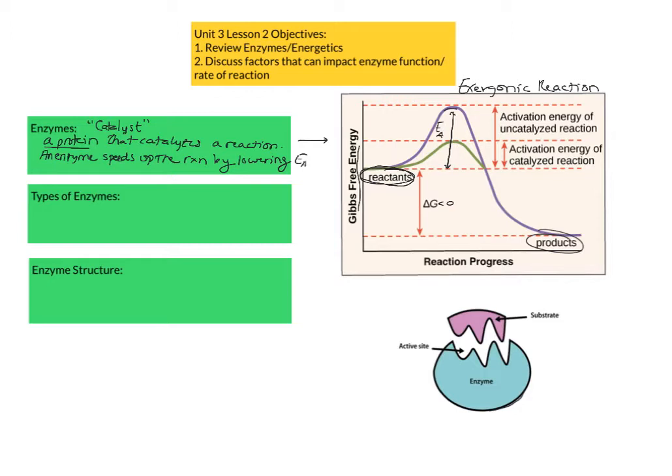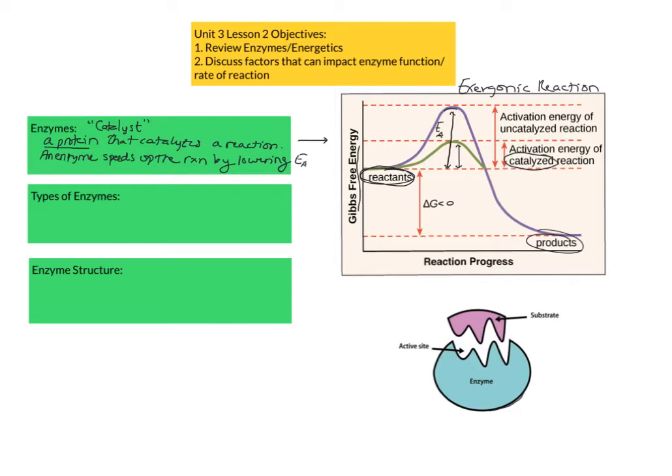What a catalyst or an enzyme does is it will lower that activation energy from originally being represented with this purple line to where it is with the green line. That allows the reaction to happen a lot quicker because the barrier is a lot lower.